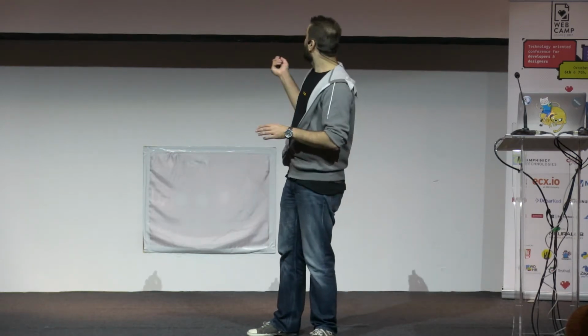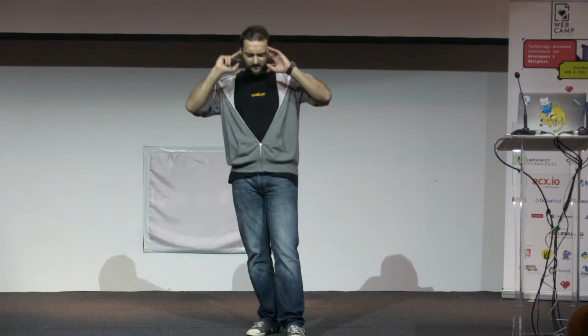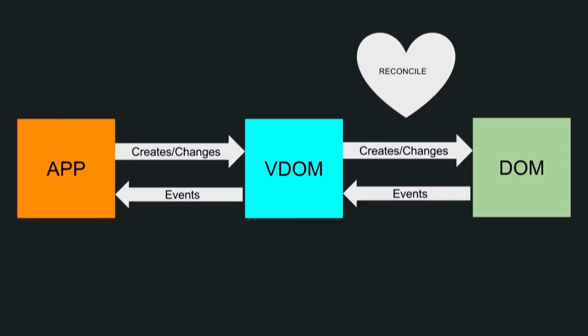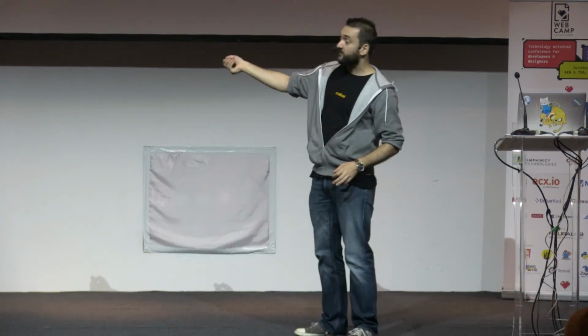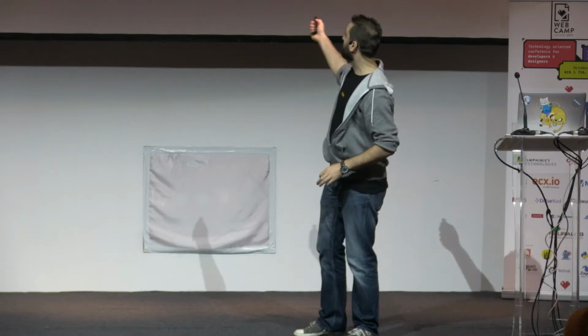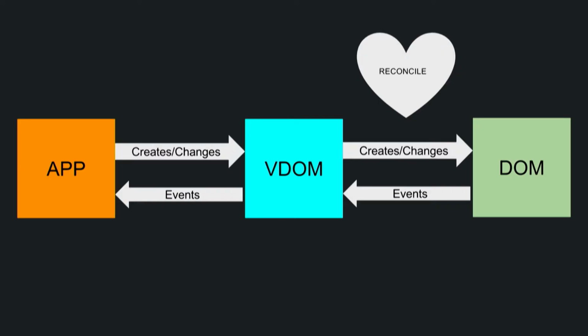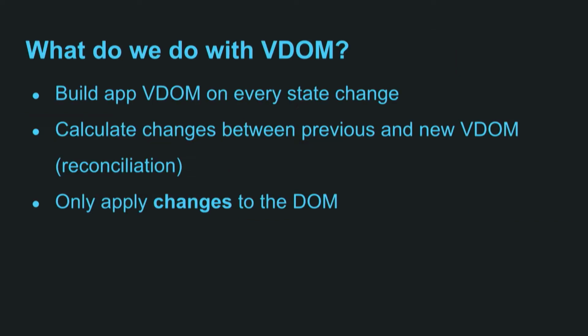And after something changes, you're being smart, and you see, okay, something changed. I have my current state. I have my next state. Only this part of the application changed. Okay, I'm just going to update this part. So as far as you're concerned, you're writing your application, but this layer here is being smart and is updating the DOM only where it needs to be updated. Okay? So what will we actually do here?